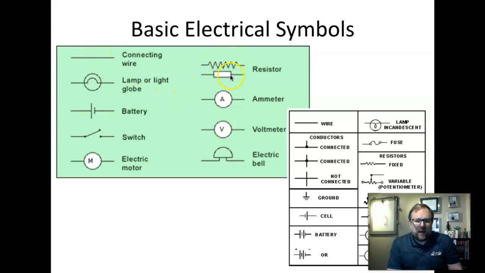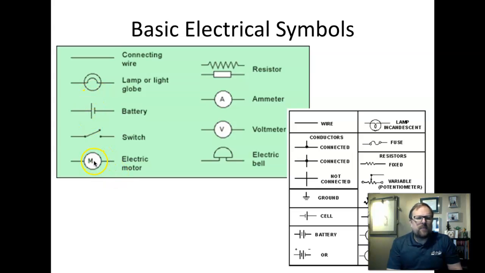A squiggly line or a box like this represents a resistor. A circle with an A is an ammeter. A circle with a V is a voltmeter. A battery is a short line, a long line and a short line. A lamp or a globe is a circle with something inside it. I often put it as a little squiggly inside there to represent a lamp.